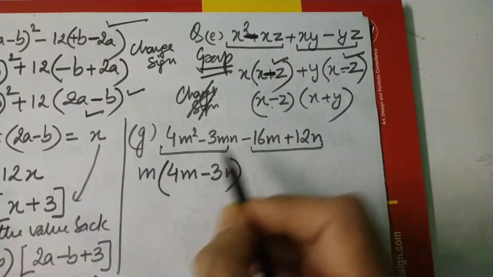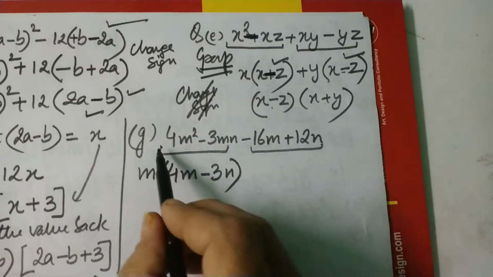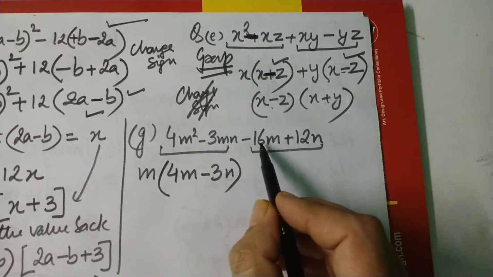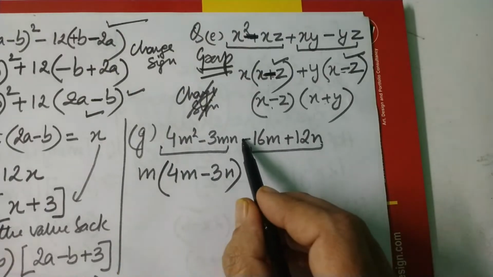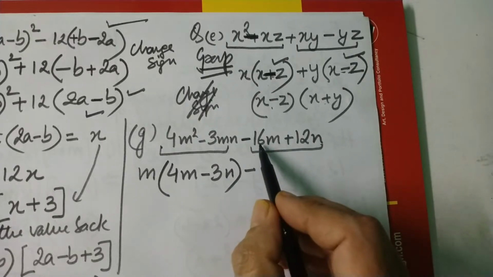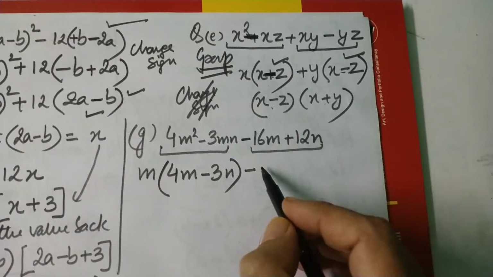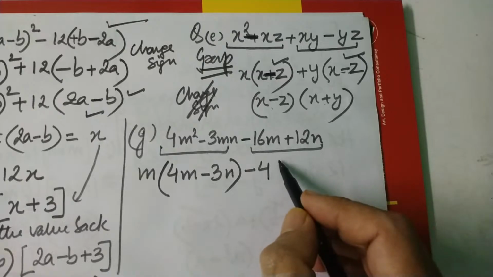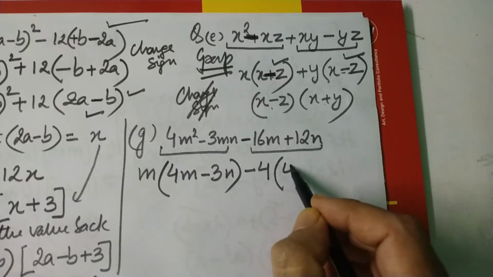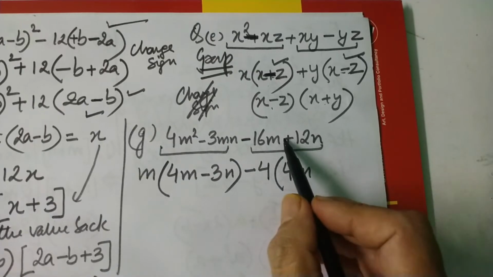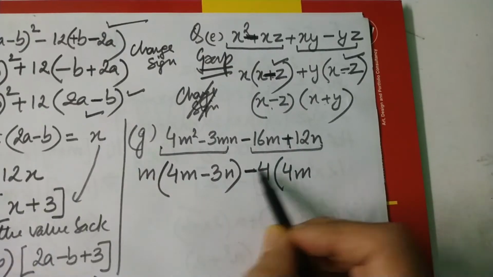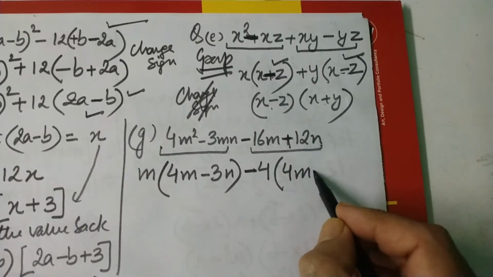How it is coming, I will tell you again. So this is 4m minus 3n, minus 16m plus 12n. What is common? First write 16 and 12. HCF of 16 and 12 is 4. 4 bracket 4m, and there is a plus sign here, there is minus sign here. So we want plus 12, so I have to put minus here.